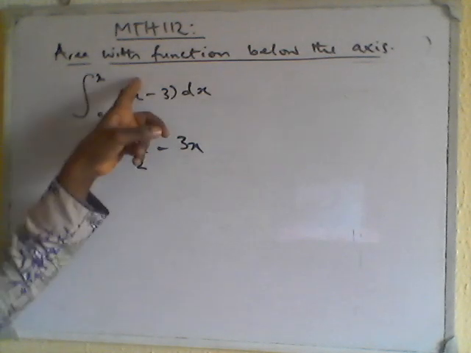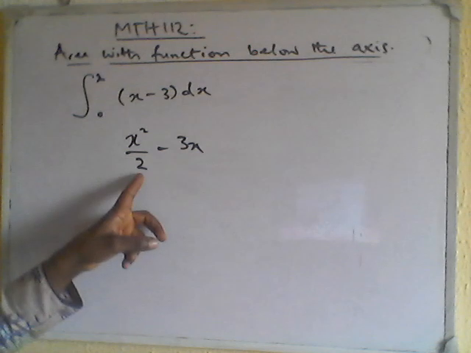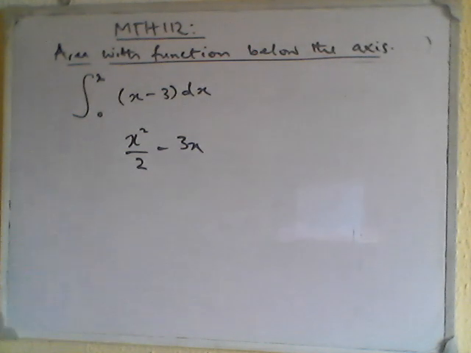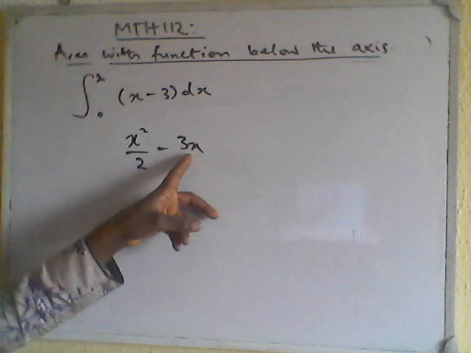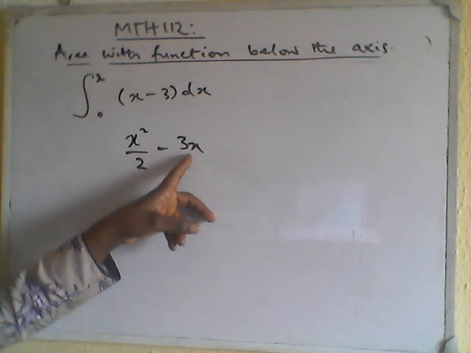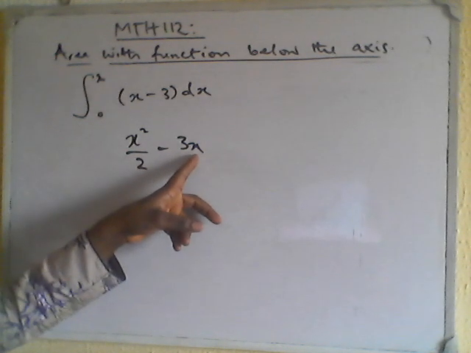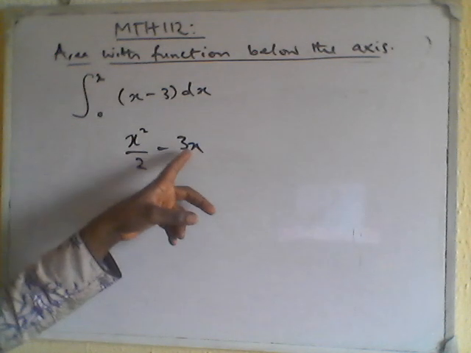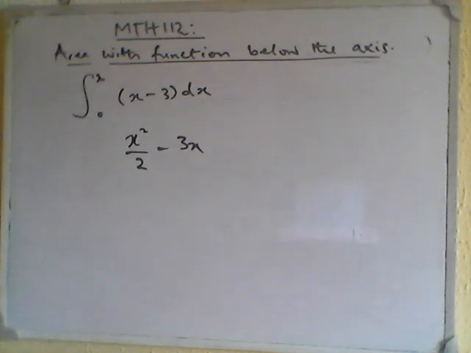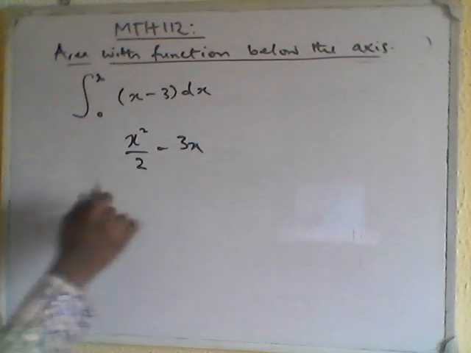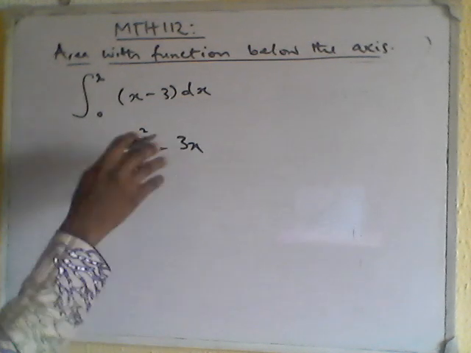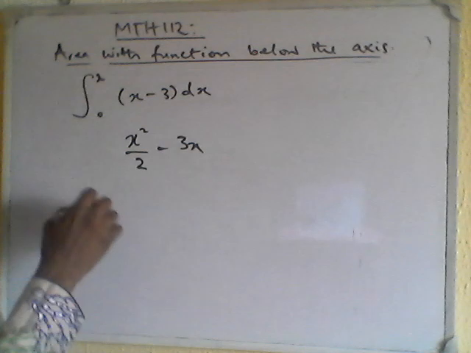So 2 up as the power and 2 down as the denominator. Okay, so for the constant term, the antiderivative is just adding that variable, which is 3x. All right, so now having gotten this antiderivative or integral, I will just put the limits.